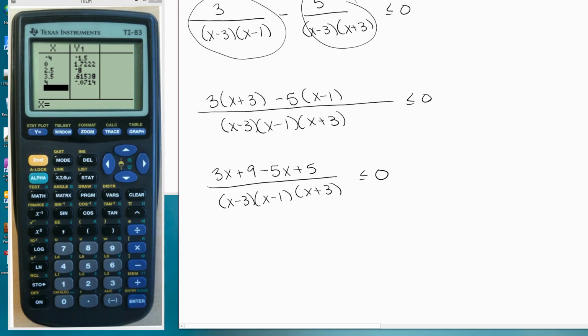And combine like terms, so we get negative 2x plus 14. So this should kind of be looking really familiar because it's really the same steps.